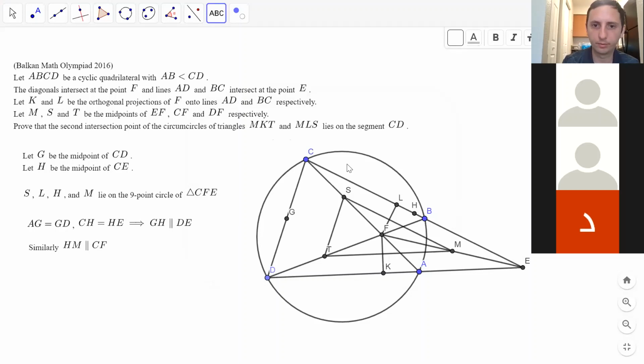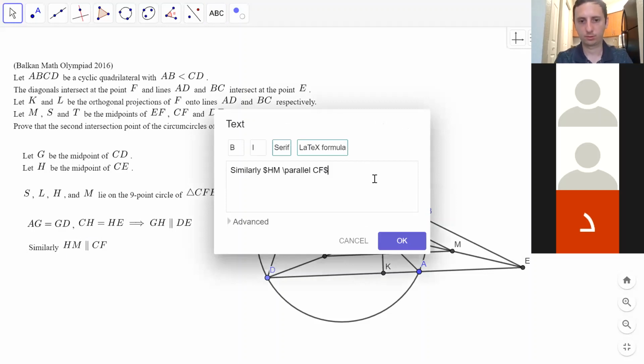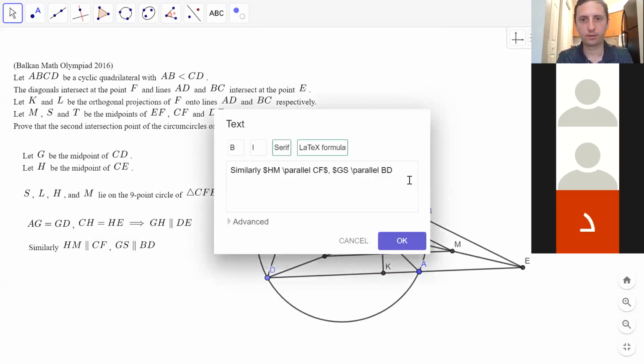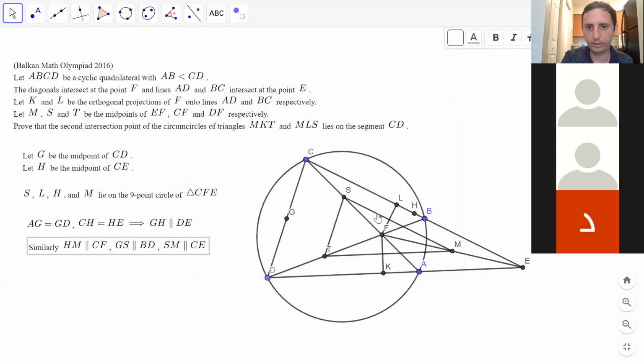Oh, and we also have GS parallel to BD. And we also have SM parallel to CE. So we're going to try to compute angle GSM.